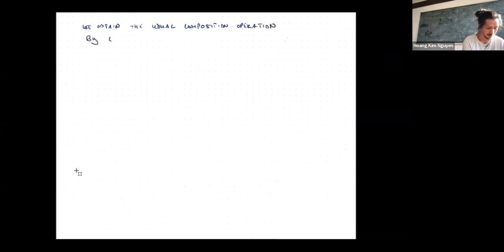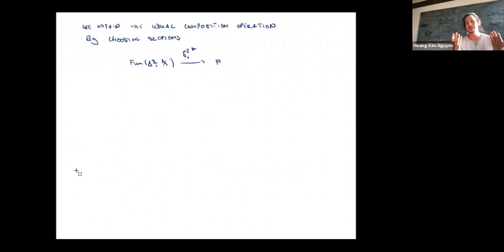By choosing sections. So we have functors from delta 2 into, say, an object X. And here we take the following face map, which should send a composition to its composition, right?